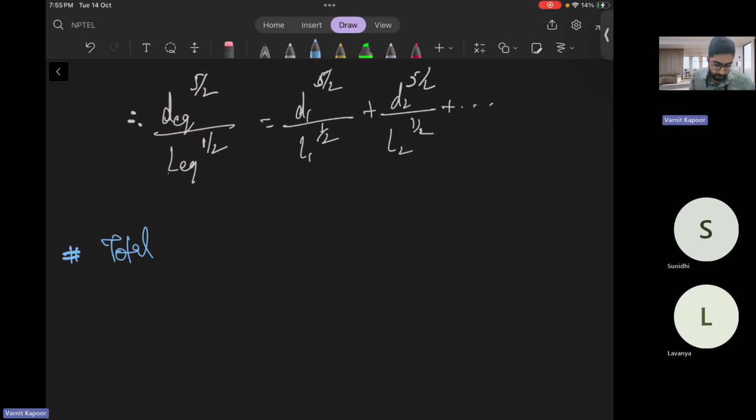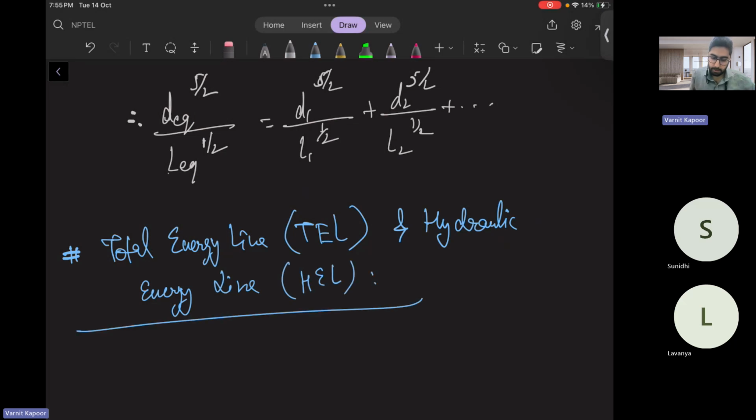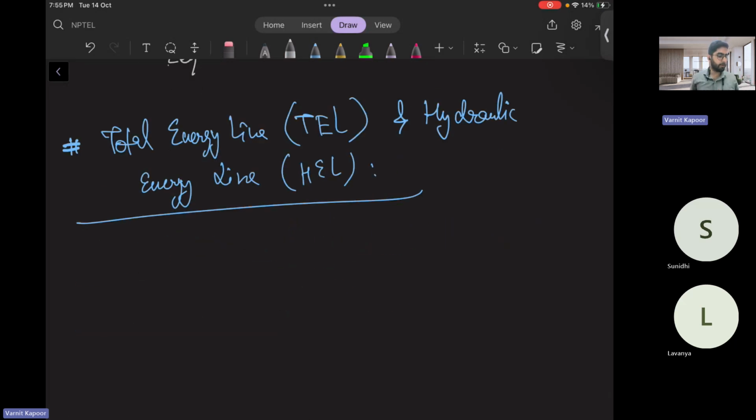Total energy line, that is TEL, and hydraulic energy line, that is HEL. So total energy line tells about the total head of the flow basically.